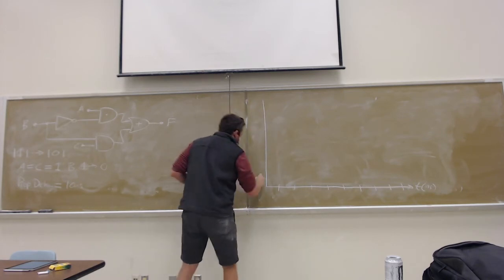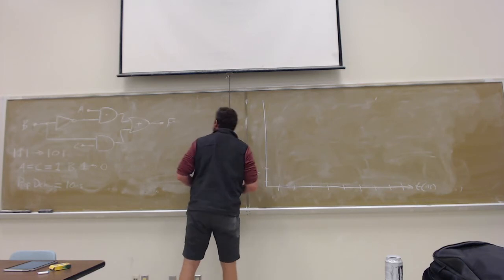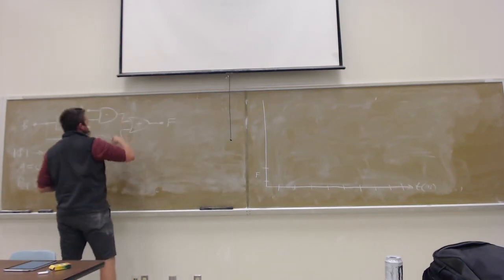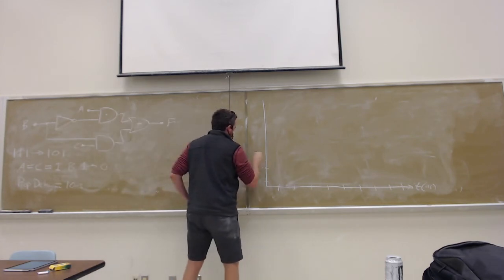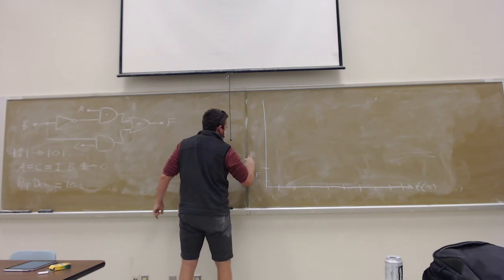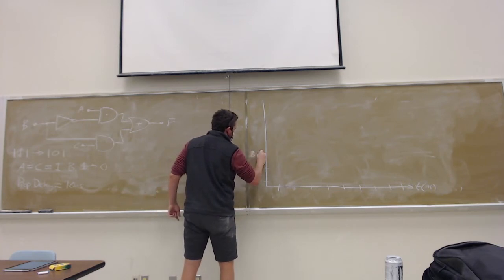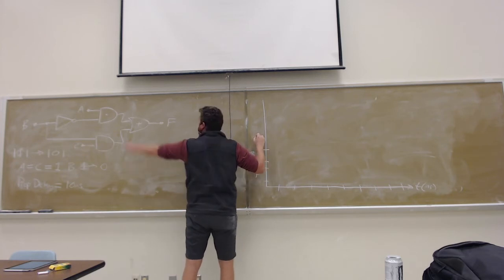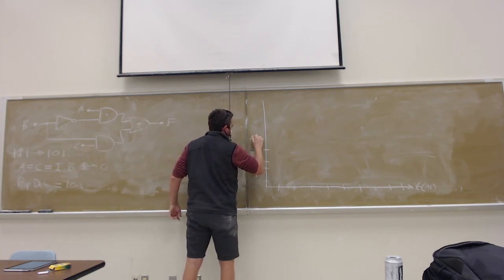And let's see, we'll have F, and then we'll do each of these logic gates individually. In fact, let's just use their Boolean expressions. So this one is B and C. This one is A and B prime.